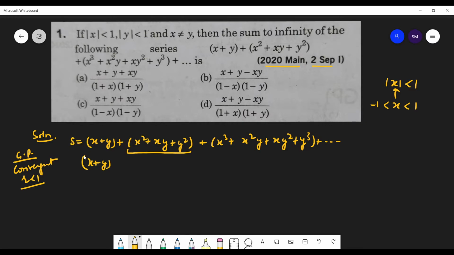Let the sum of this series be S. And you know this x and y both are less than 1. So what can you do?